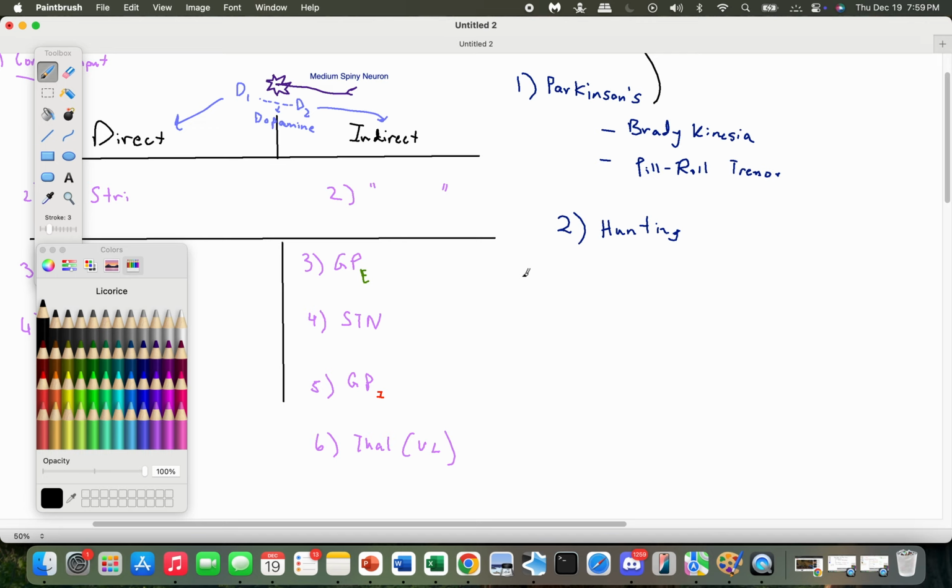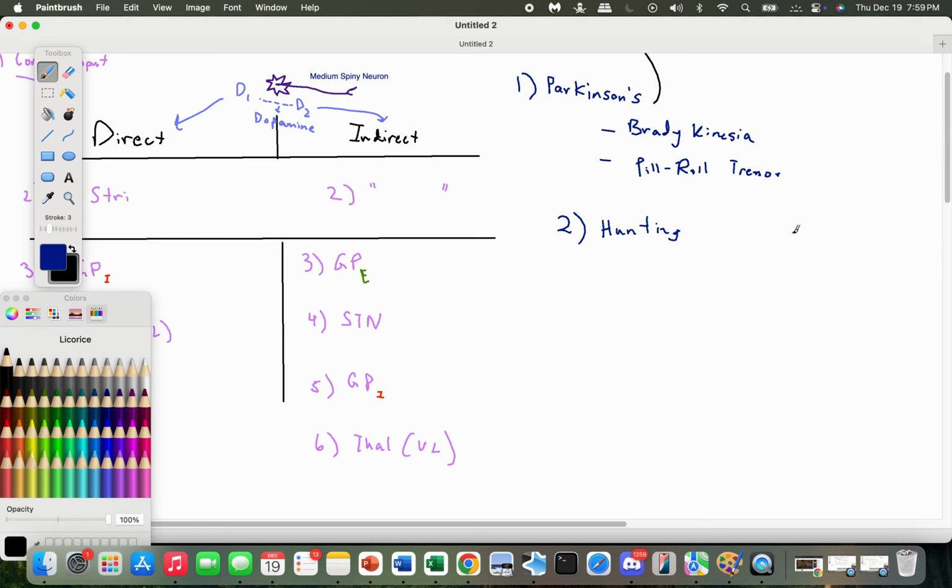Huntington's disease is a disorder that affects striatal regions like the caudate nucleus and the putamen, and although it's generally considered to be excitatory, it has progressive atrophy that's associated with hyperkinesia. And I'm going to put the symptoms over on this side because I will need this space. So we're going to call this hyperkinesia. And hyperkinesia is excessive movement, right?